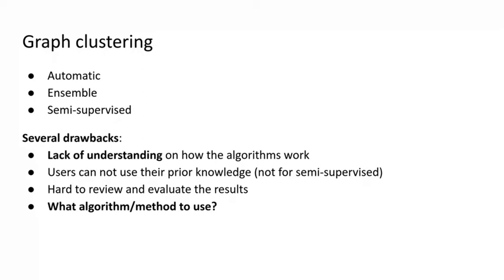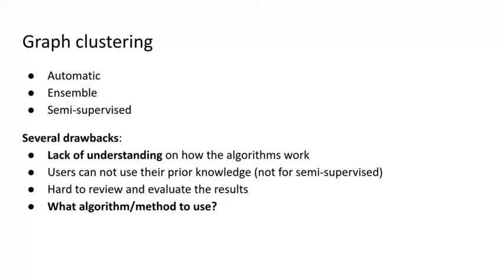Then there are the ensemble techniques, which consist of using a lot of different algorithms and producing an optimal final partition using the results of the automatic methods. And then there are the semi-supervised methods, which use some prior knowledge in the computation. So the algorithm uses the prior knowledge given as an input in its computation.